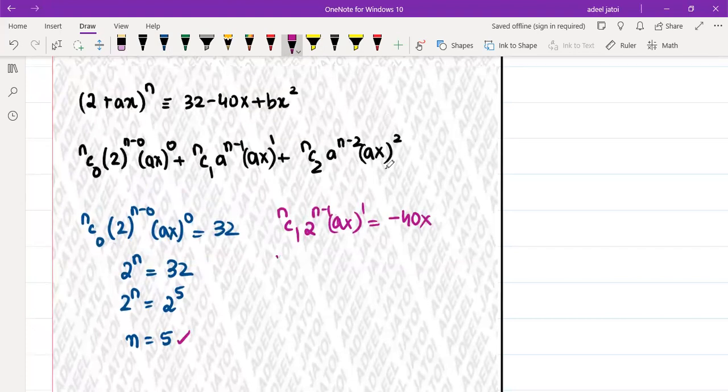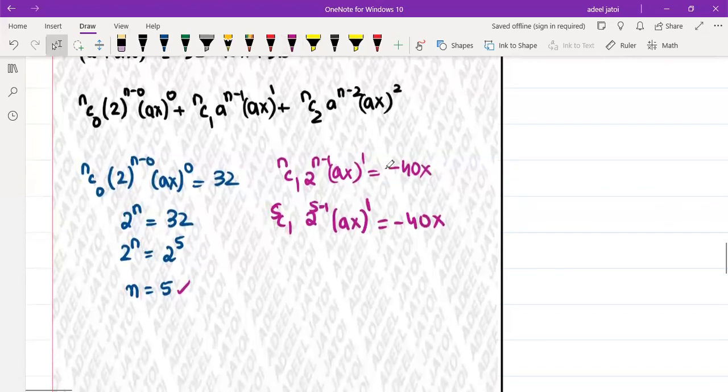So 5C1, 2^(5-1), (ax)^1 should be equal to -40x. 5C1 is 5 and 2^4 is 16. 16 times 5 is 80. 80ax is equal to -40x. x and x cancel, so a is -1/2.